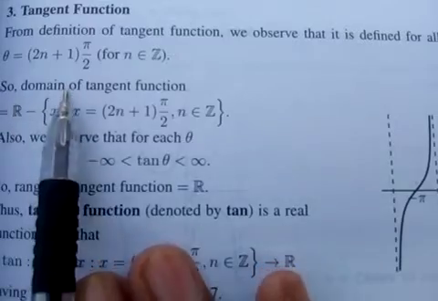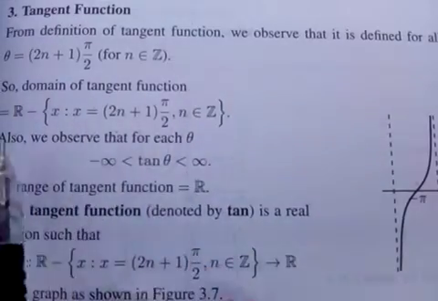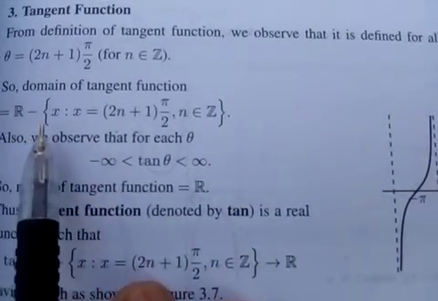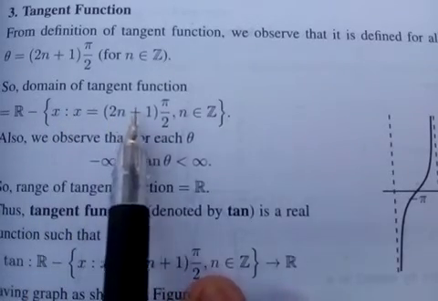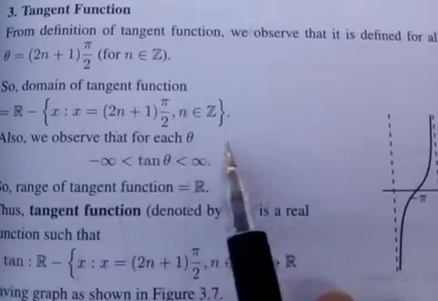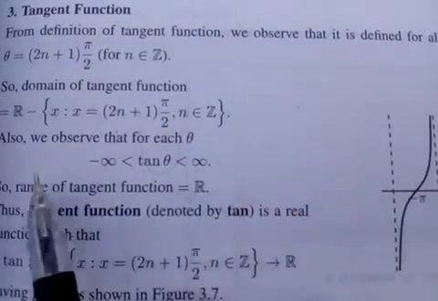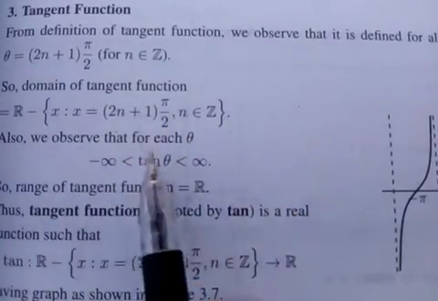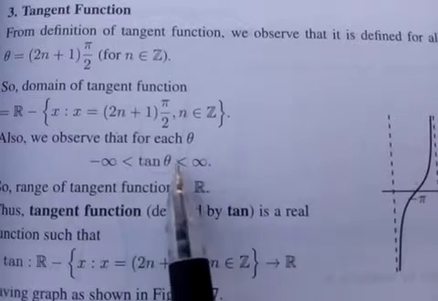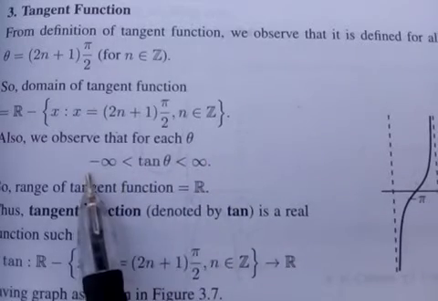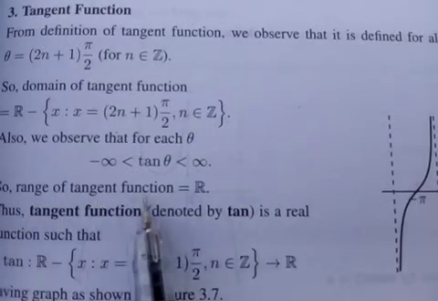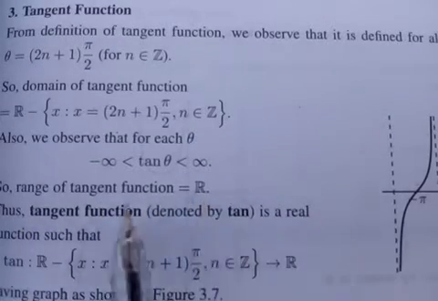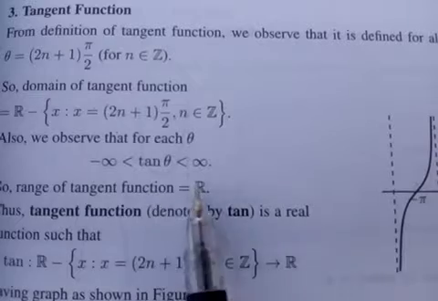So the domain of the tangent function is R minus x such that x equals (2n plus 1) into pi by 2, where n belongs to Z. Also we observe that for each theta, tan theta is greater than minus infinity and less than plus infinity. So the range of the tangent function is R.